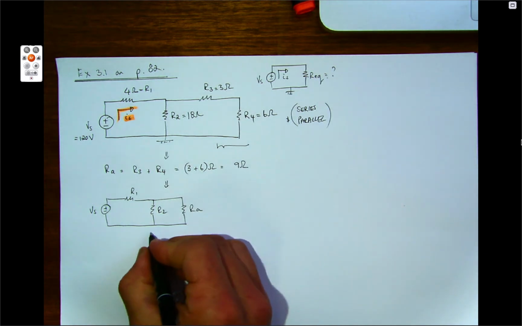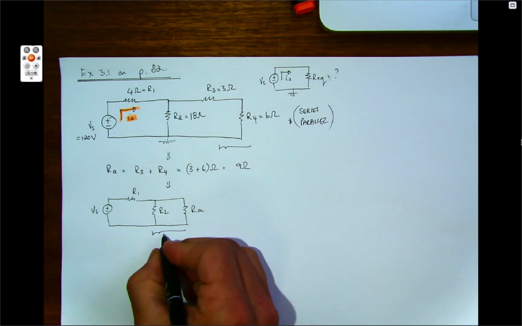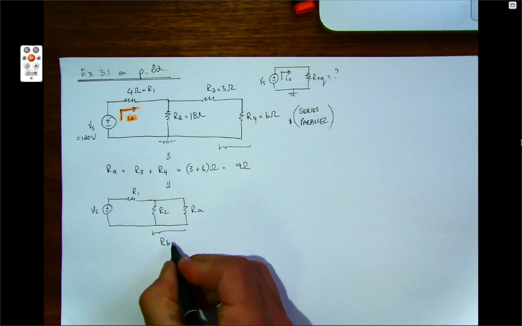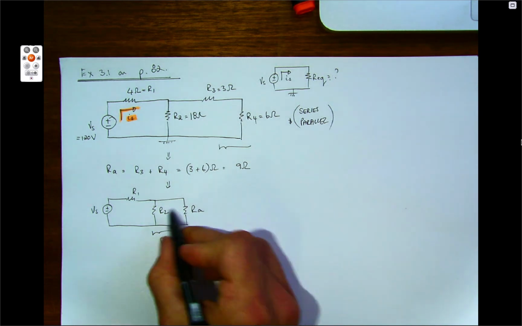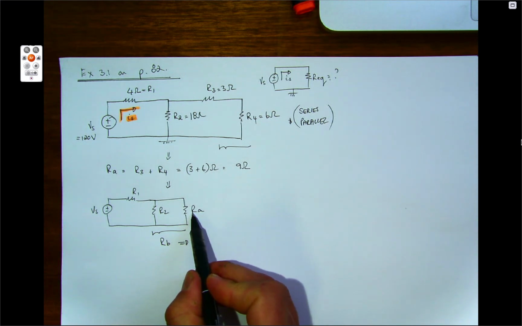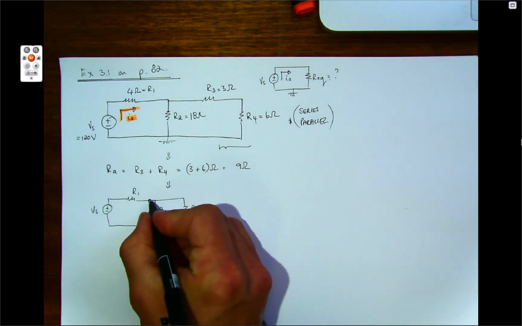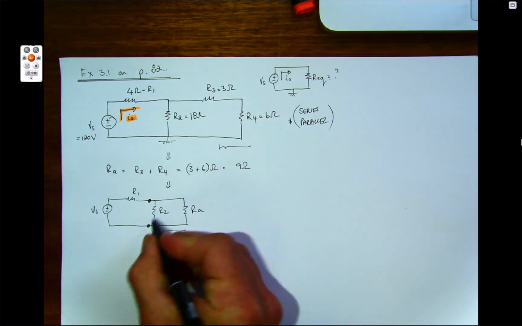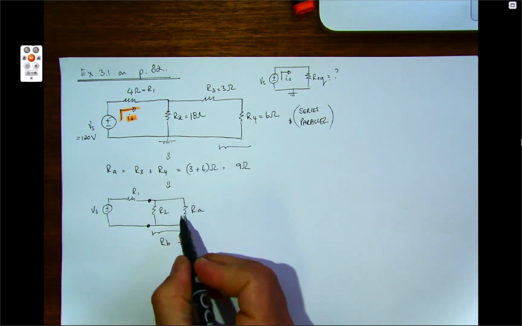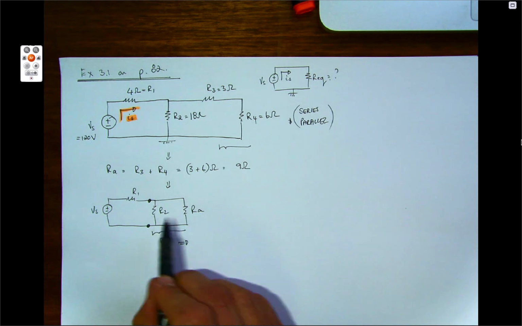Now, what can I do to simplify things over here? I can call this RB, and as you can see, R2 and RA are resistors in parallel. Why? Because the terminal voltages over each of these resistors are equivalent.